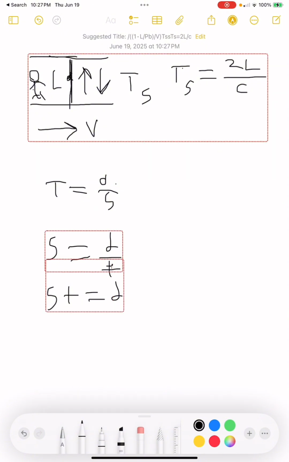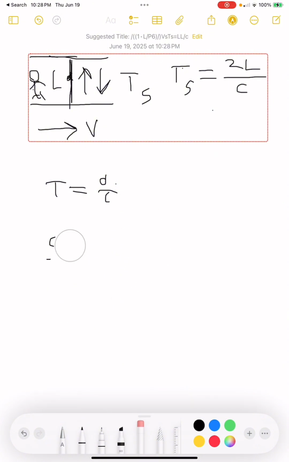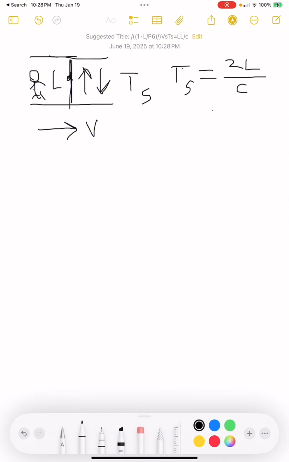Divide both sides by speed to get t is distance over speed. So, really, T of S we denoted is L going up and L going back down. So that's where this 2L comes from. That's the distance. And the C right here for the speed of light is the speed that that photon is going at. So that's how we came up with that.